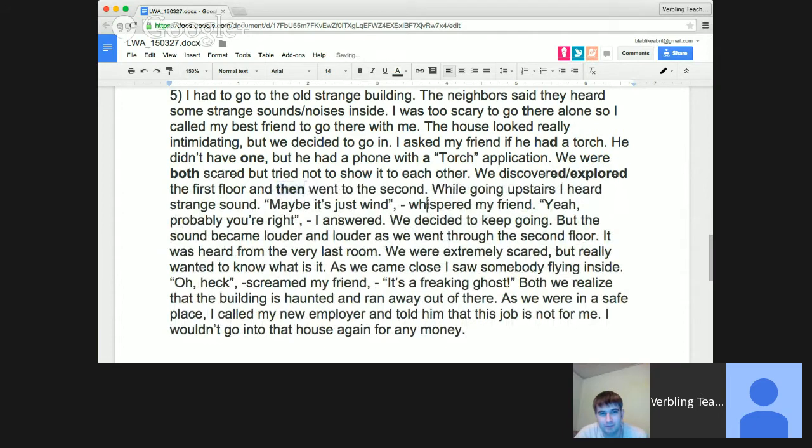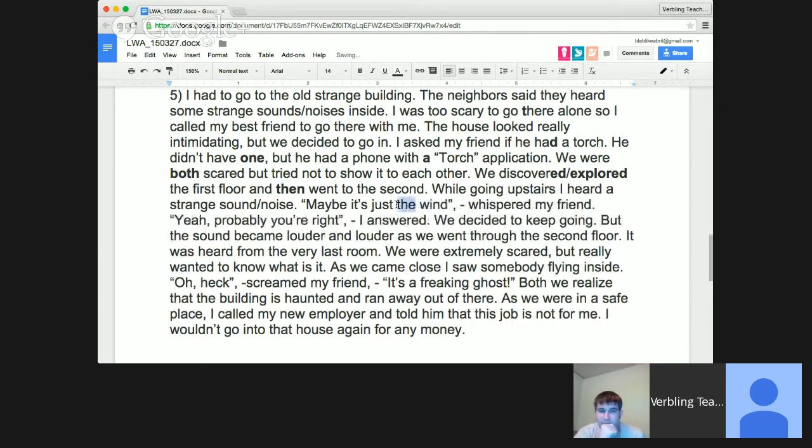While going upstairs, I heard a strange sound or noise. Maybe it's just the wind. You can say maybe it's just wind, but usually we would say the wind, because we treat it, I don't know why, as if it's one thing, and especially in spooky stories, it's really typical to hope that the ghost is just the wind.